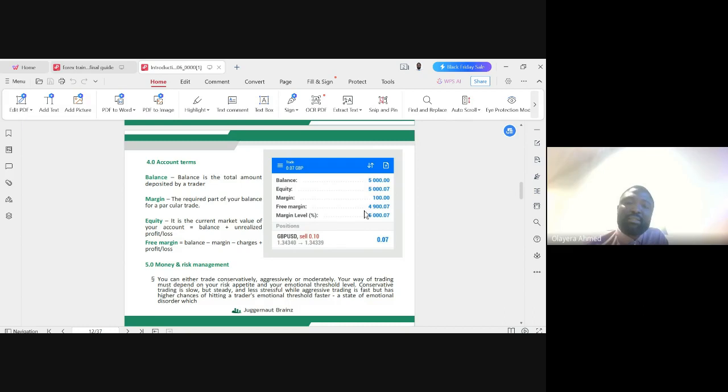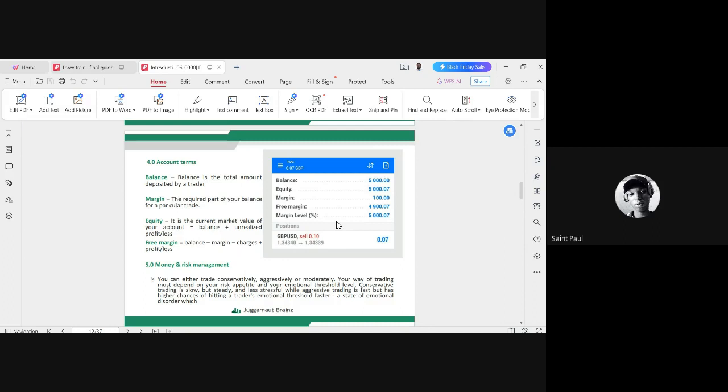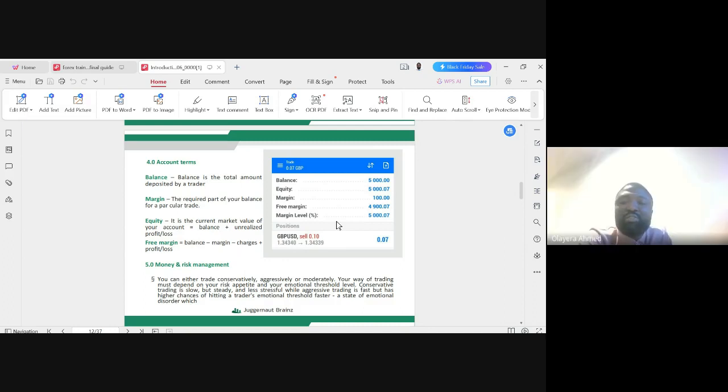Do you understand what I'm saying? So it's just $100 of my capital that is in this trade. That is what margin means.